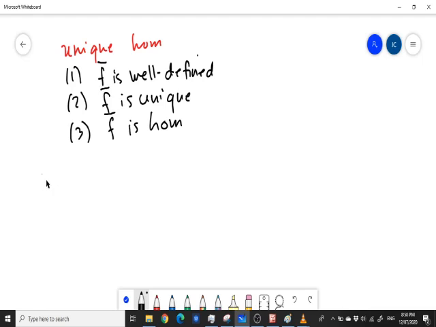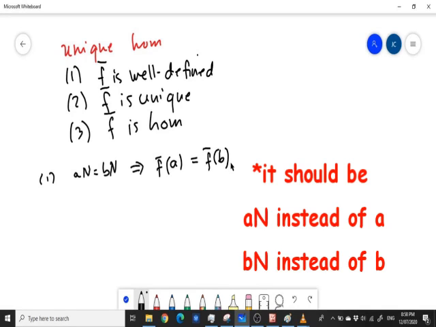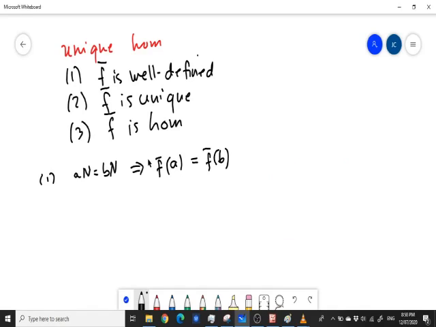Start with f bar is well defined. Okay, let's start with f bar is well defined.